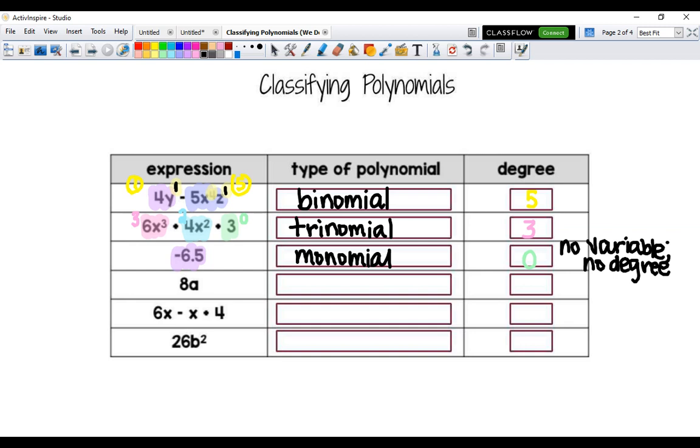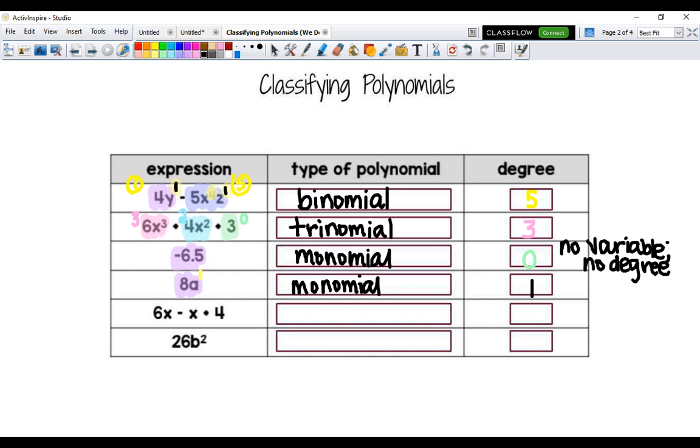All right, A is only one term, not separated by no plus sign, not separated by no minus sign. Therefore, it is a monomial with a degree of 1 because it has no exponent on that variable, which is understood to be 1. All right, 6x minus x plus 4 definitely looks a little different because, for one, it got some like terms.